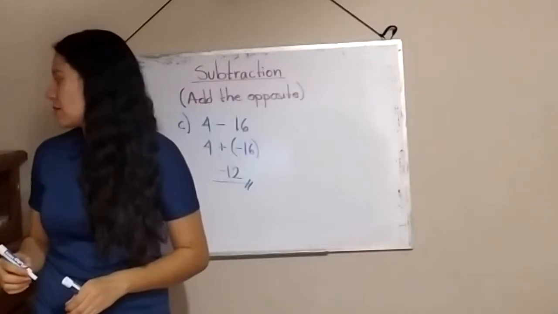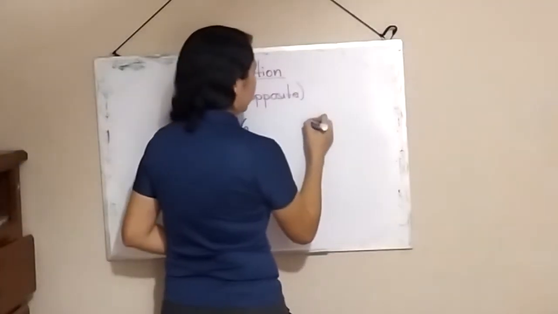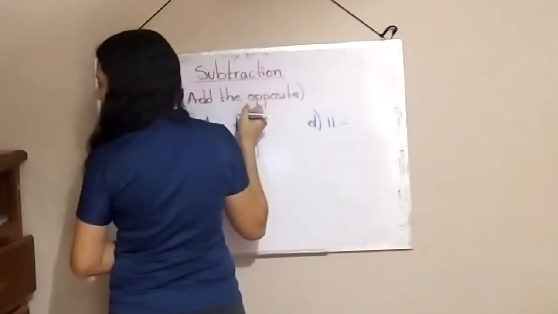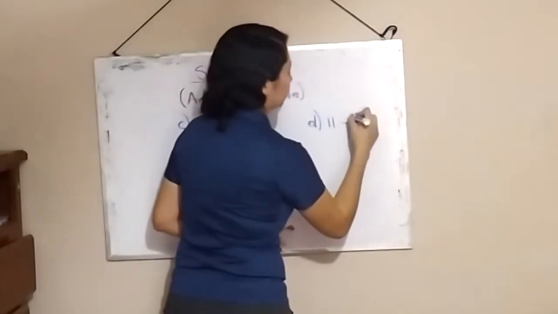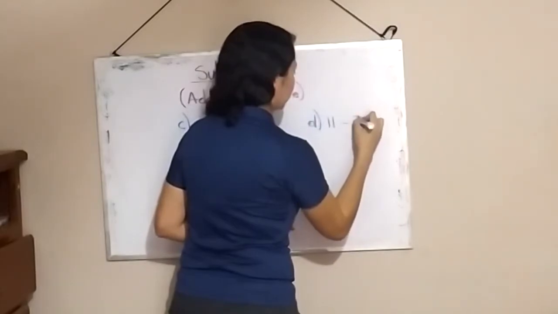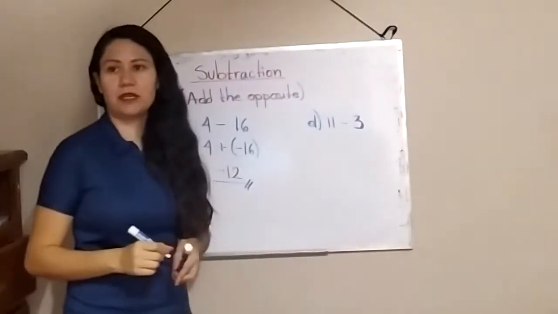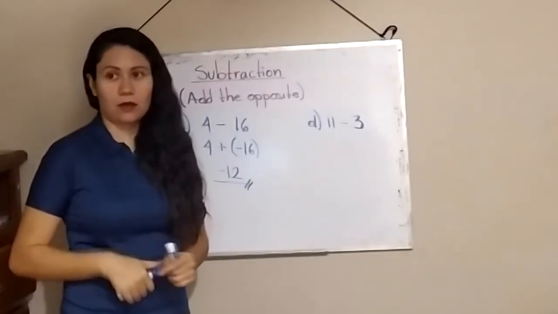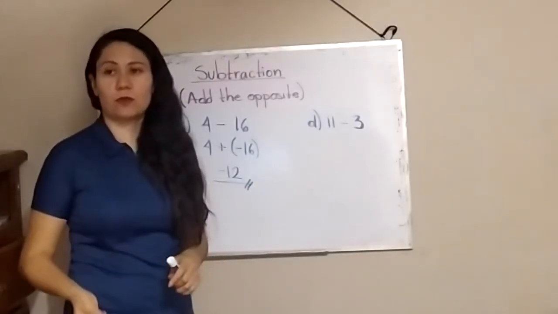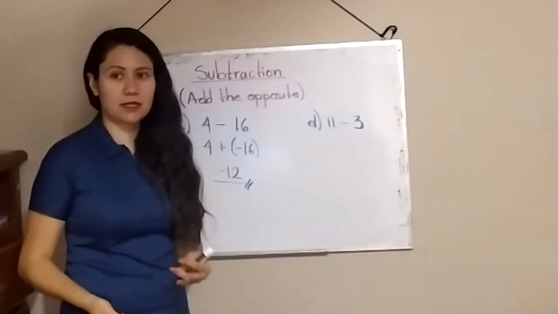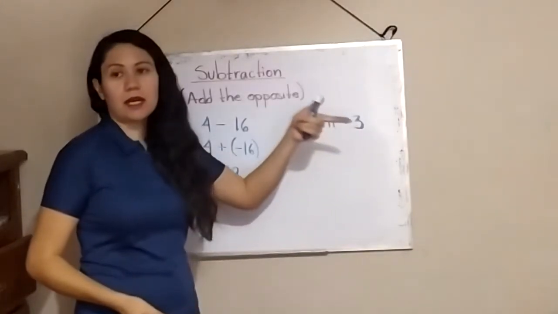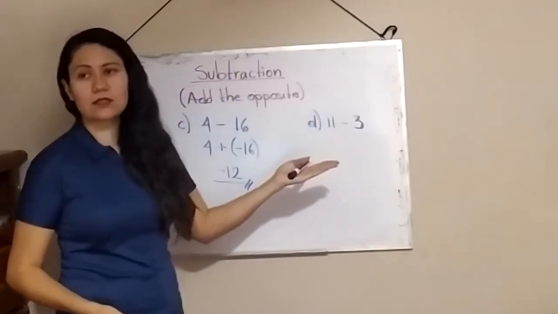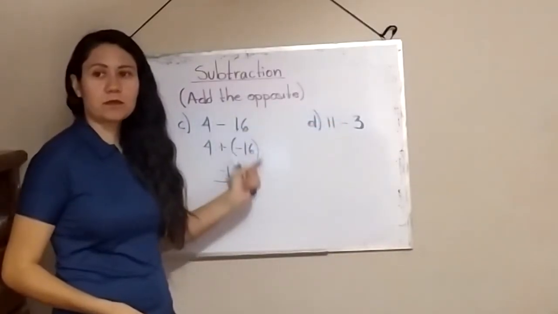And our last example is positive 11 minus 3. This one would be even easier to do on its own, okay? But let's follow the rule just to prove that the result would be the same. 11 minus 3 is 8. Let's do it using this process.